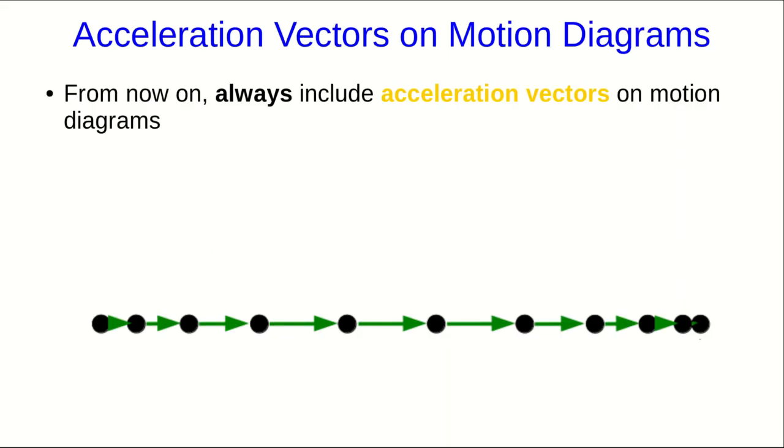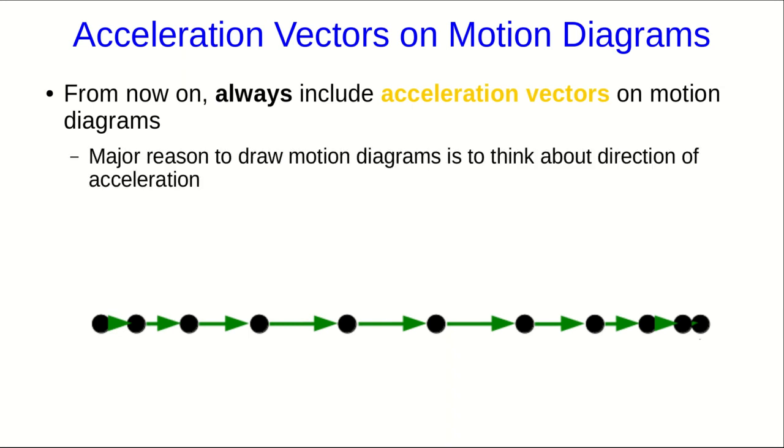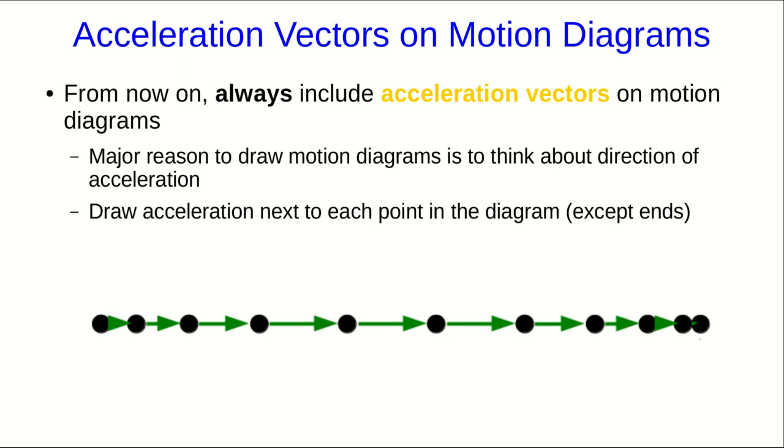From now on, we are always going to include acceleration vectors on motion diagrams. The main reason we draw motion diagrams in the first place is that they help us to think about the direction of acceleration, which we often need to know. What I mean by always include them is that we're going to draw the acceleration vector next to each point on the diagram, except as we'll see for the points on the ends.